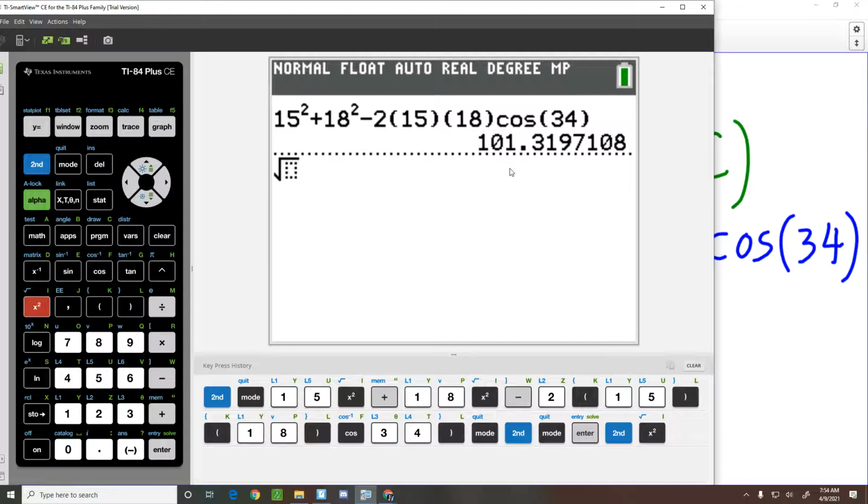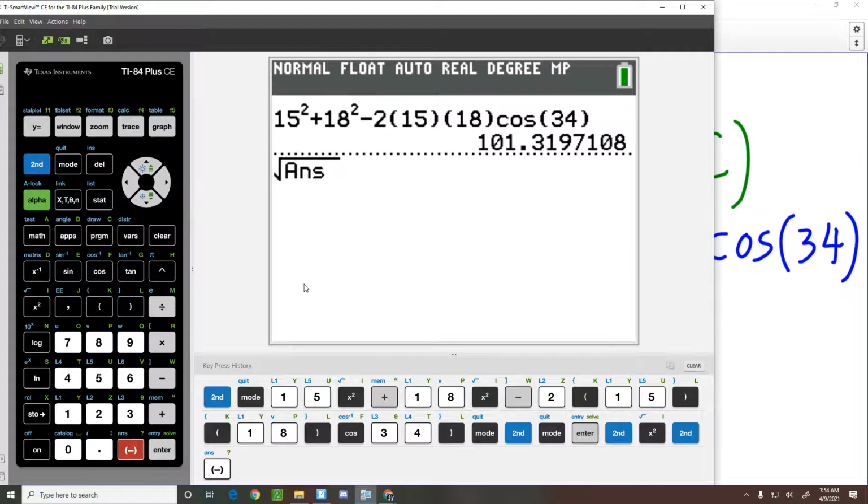If you press second, and then at the bottom, that little negative sign in blue, it's got ANS. That stands for answer, and it automatically types in whatever your previous answer was, exactly. So it's giving me this whole number and even more decimals that it doesn't show me.